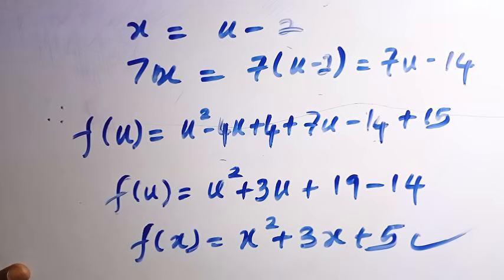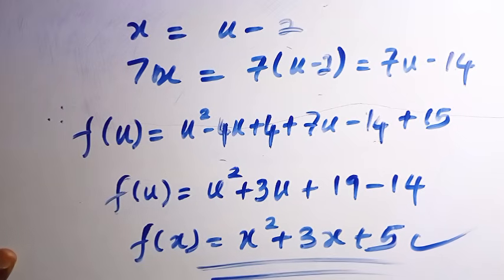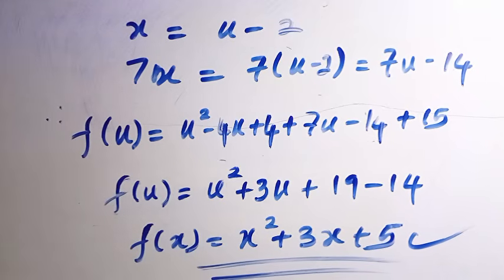The mistake before was that instead of x plus 2, I used x plus 1, making x equal to u minus 1 instead of u minus 2. And here is the correct answer, the same as the first method I used. Thanks for watching and see you in the next video. Never stop learning. Bye bye.